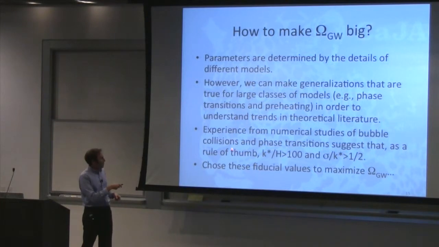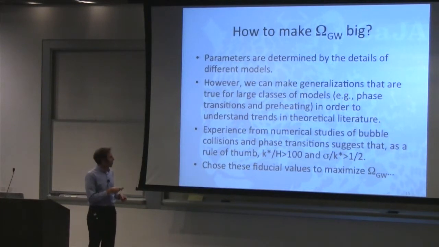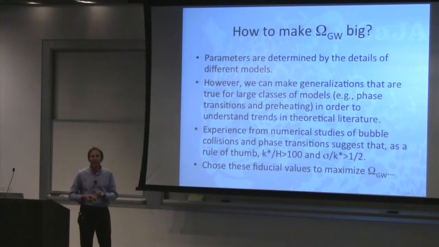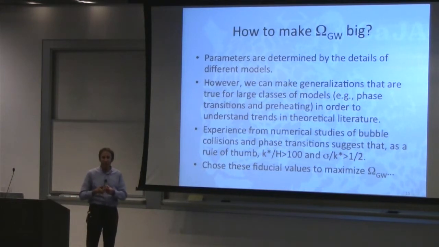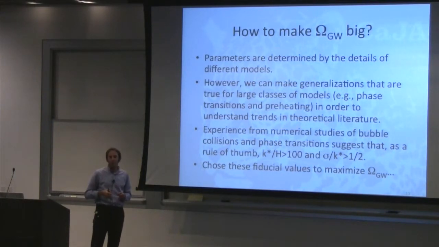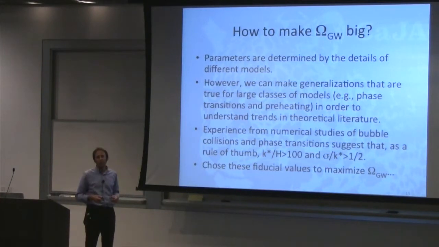And to that end, we're going to plug in two fiducial values for this. So for k star over h greater than 100, we're going to plug in k star over h is 100. And this is saying that you can't have more than 100 wavelengths within a Hubble volume, or within the Hubble distance. And this is something that comes out of numerical studies of phase transitions.